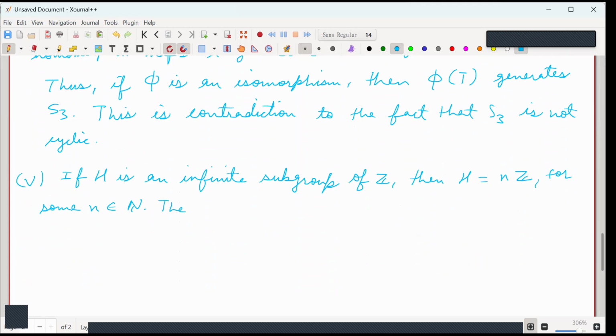The map phi_N from Z to H given by a going to N times a is an isomorphism.